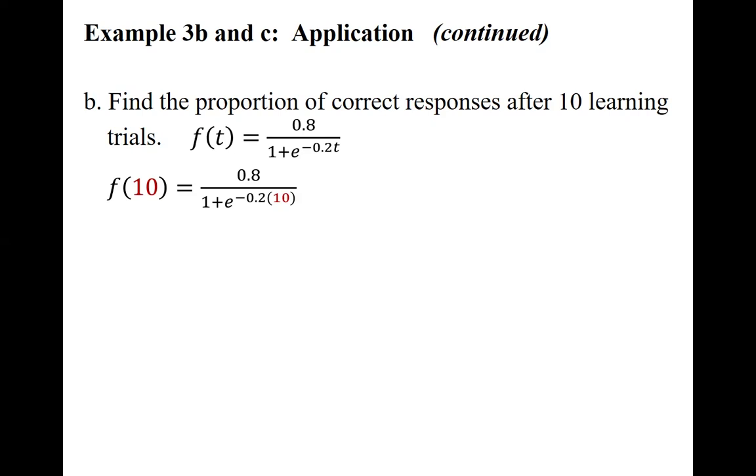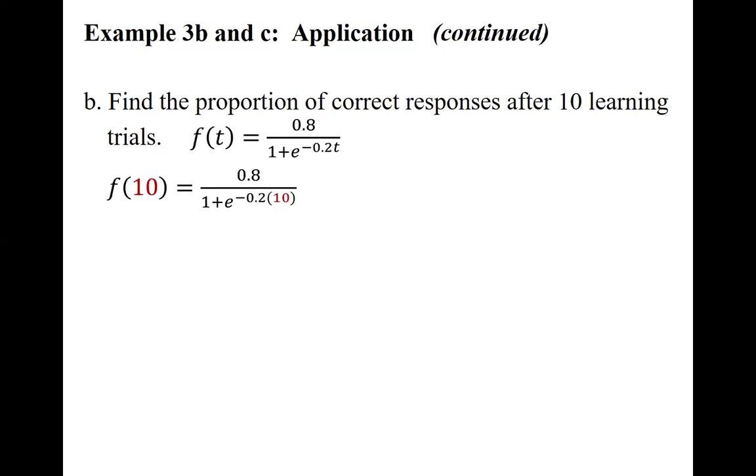0.8 divided by... ooh, my calculator will let me type it all in. So 0.8 divided by parenthesis 1 plus e to the negative 0.2 times 10, close parenthesis.